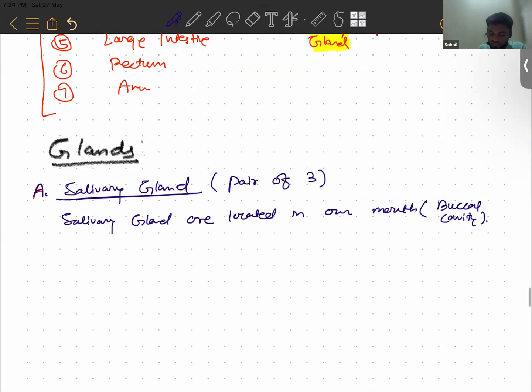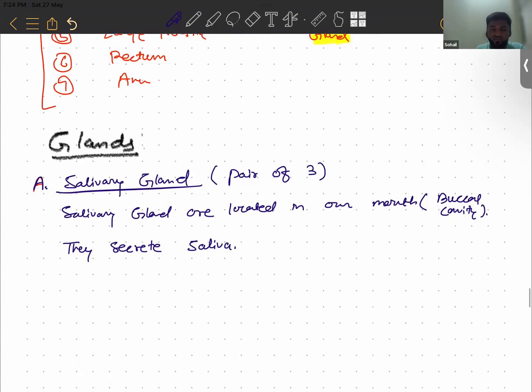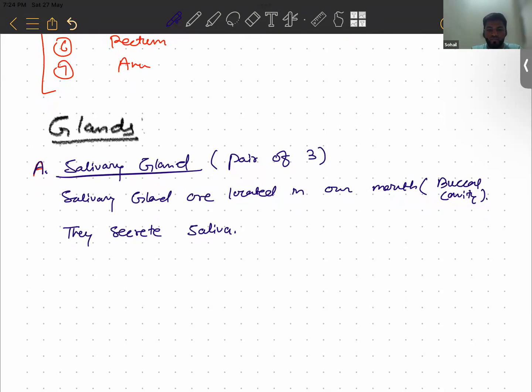Now, what is the secretion of the salivary gland? Saliva, right? They secrete saliva. And what about the liver?